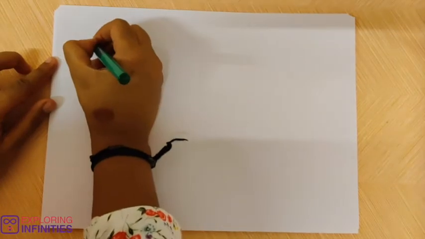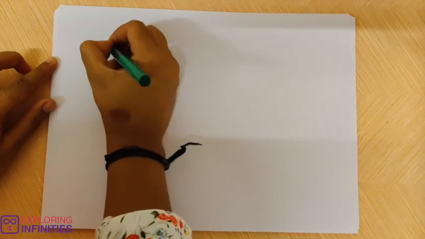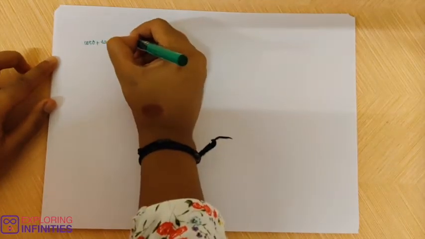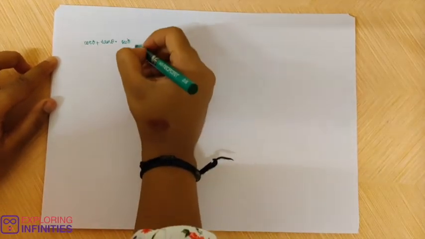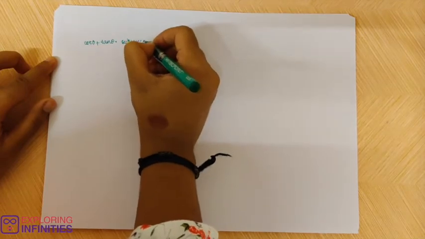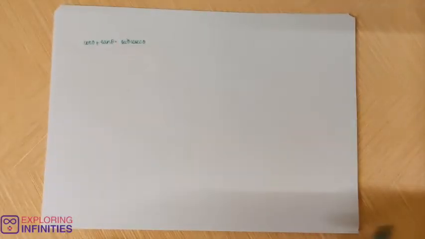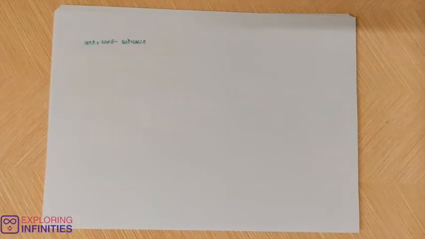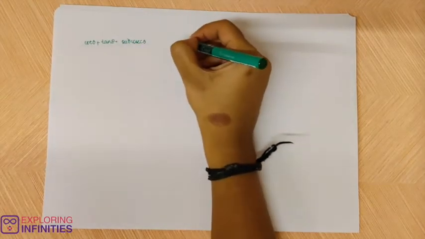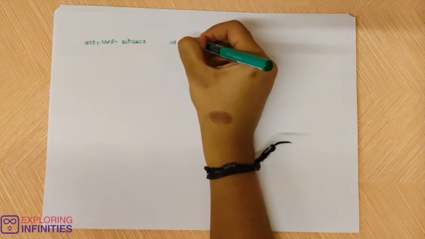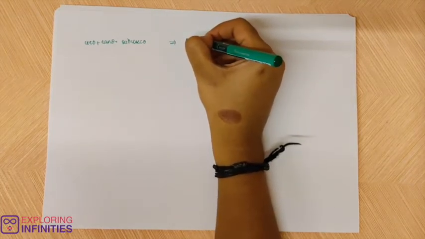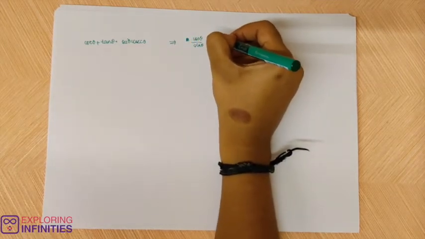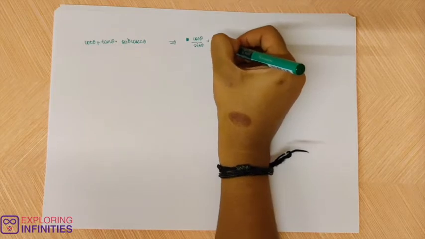So cot theta plus tan theta is equal to secant theta cosecant theta. So we have to prove this. Okay. So let's take LHS. So LHS is cot theta plus tan theta. So that is cos theta by sin theta plus sin theta by cos theta.